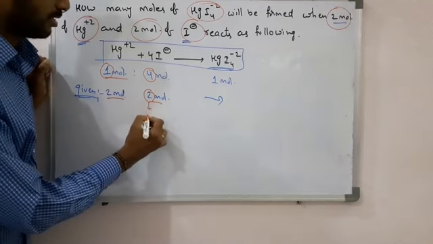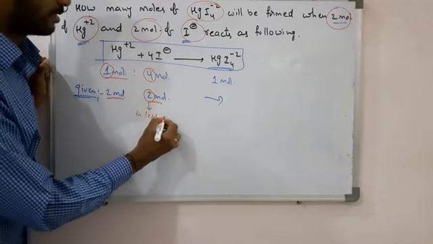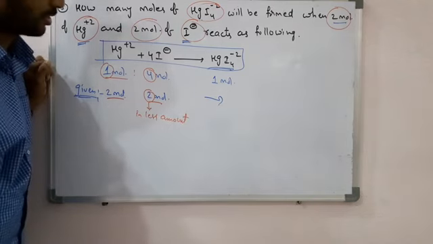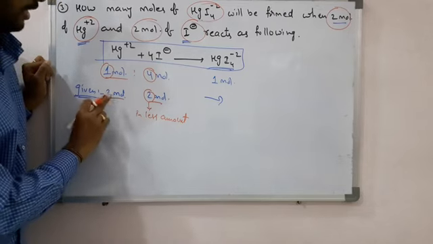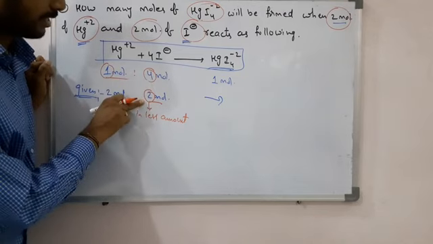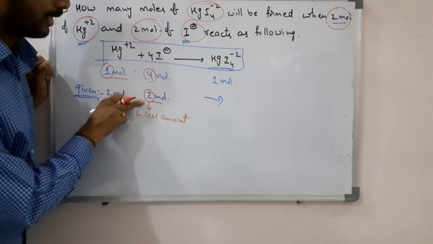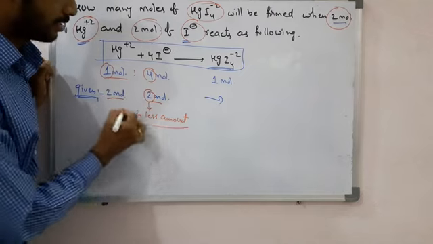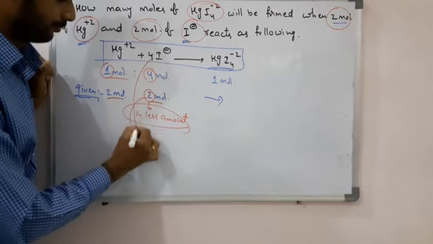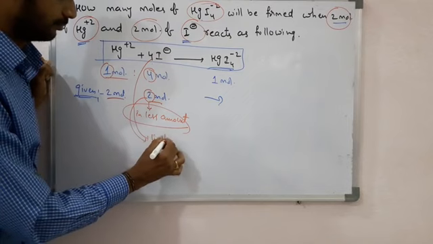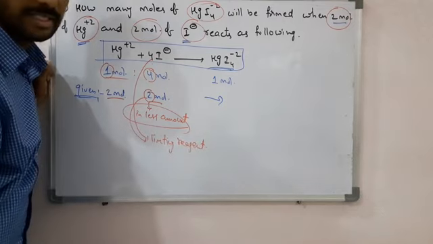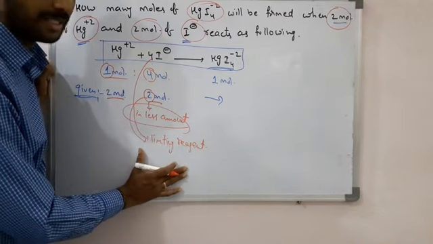Means the 2 moles of I minus is in very less amount. For 1 mole, it requires 4 moles. For 2 moles, it requires 8 moles. But here only 2 moles are given. Means this 2 moles of I minus is the limiting reagent.